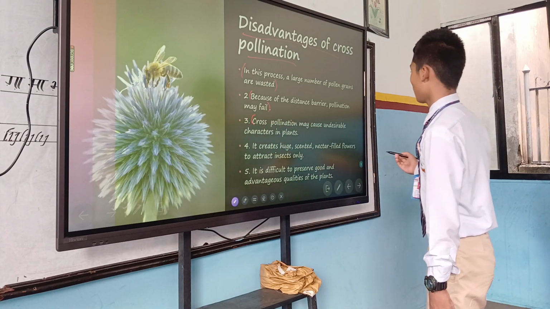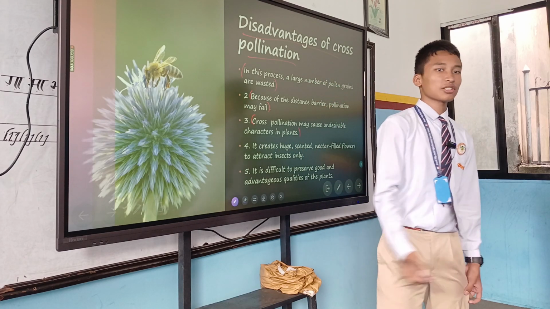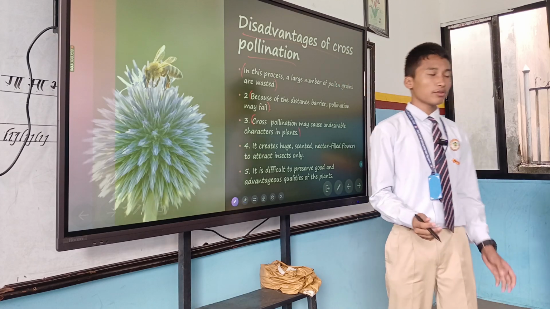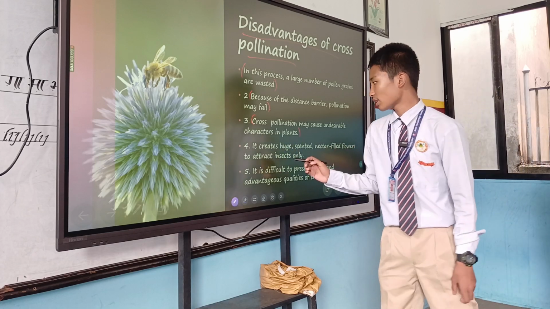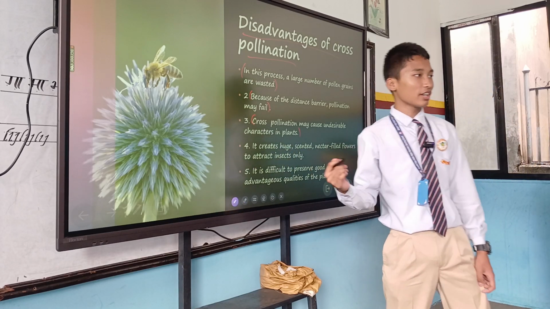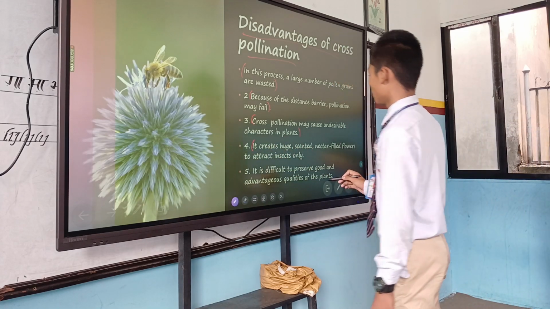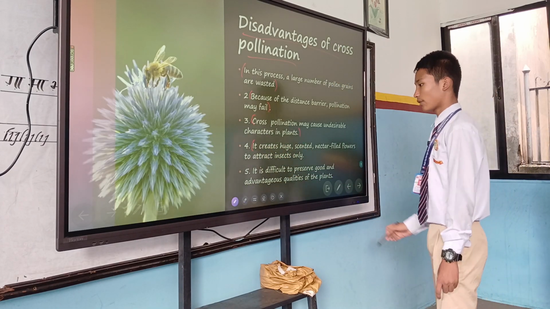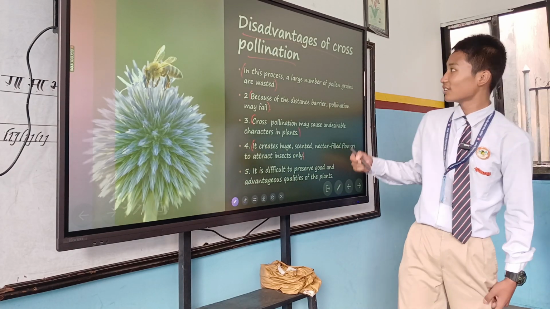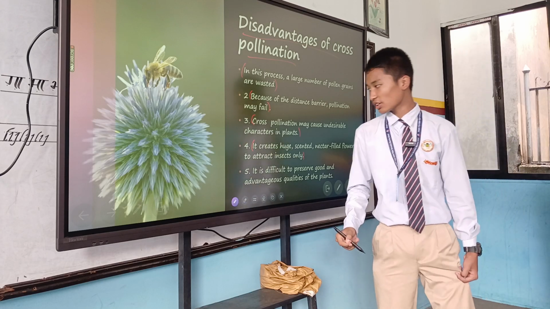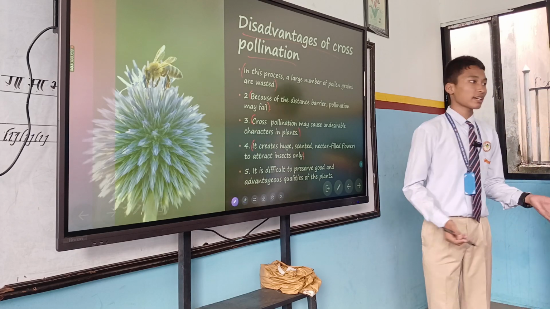Third, cross pollination may cause undesirable characters in plants. Cross pollination is the pollination between two different plants of the same species, so sometimes they can have undesirable characters. Fourth, it creates huge scented nectar-filled flowers that attract insects only.